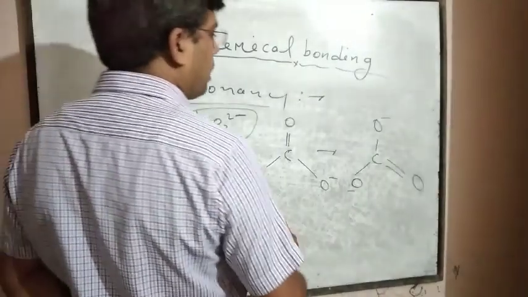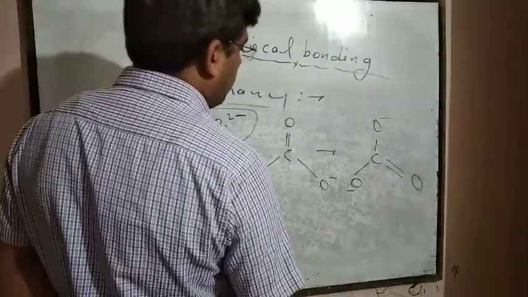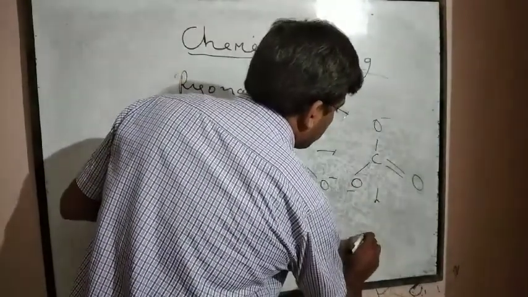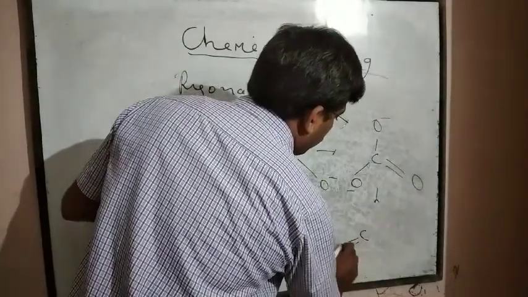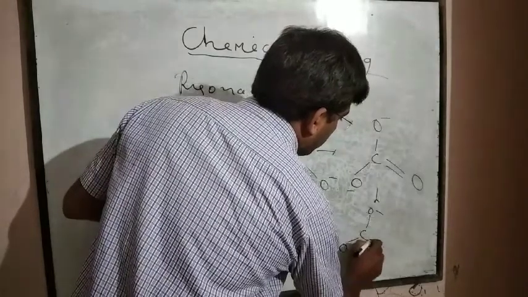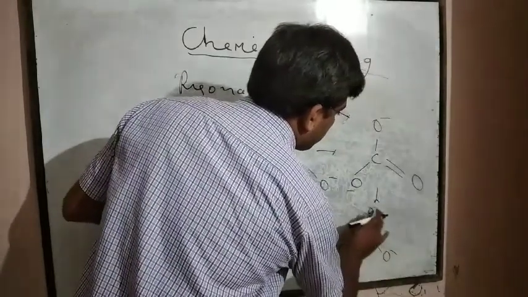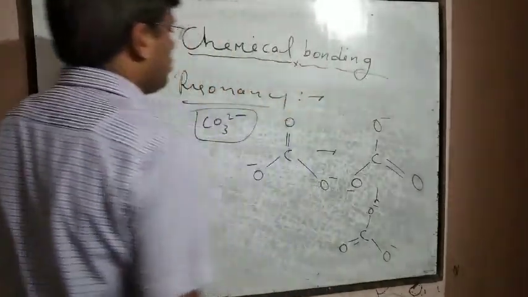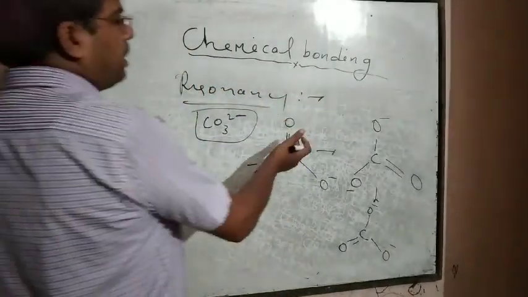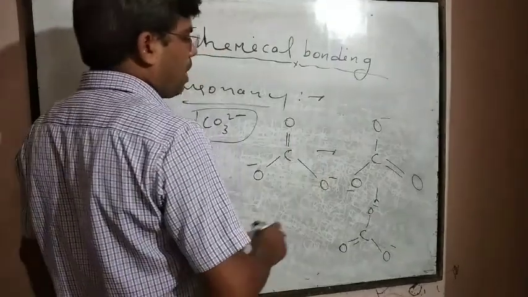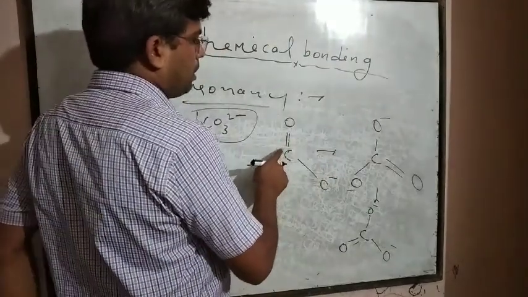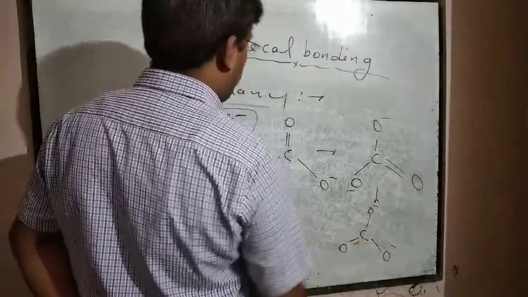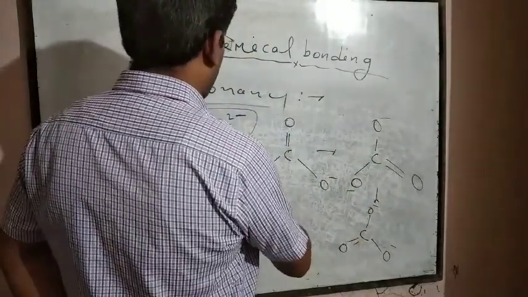In the third condition, C double bond O, O minus and O minus. In this way, shifting of bond takes place from one place to another: single bond, then double bond, then double bond. So this one is the resonance.